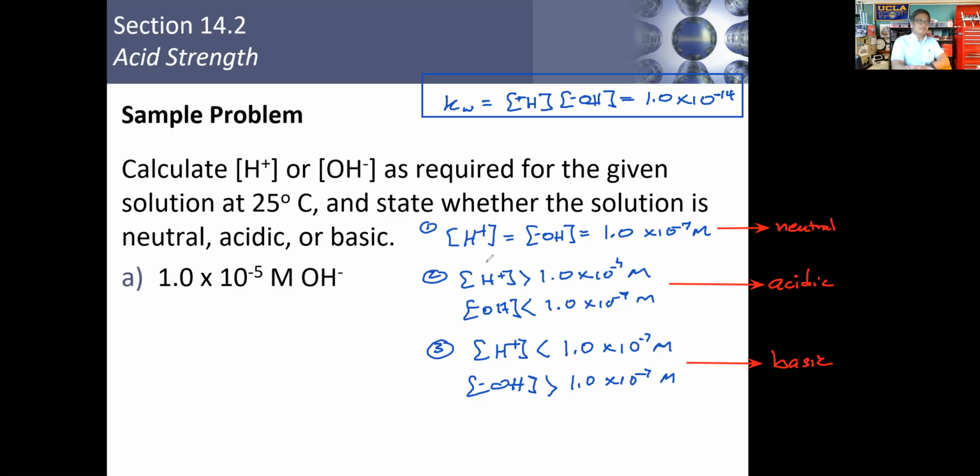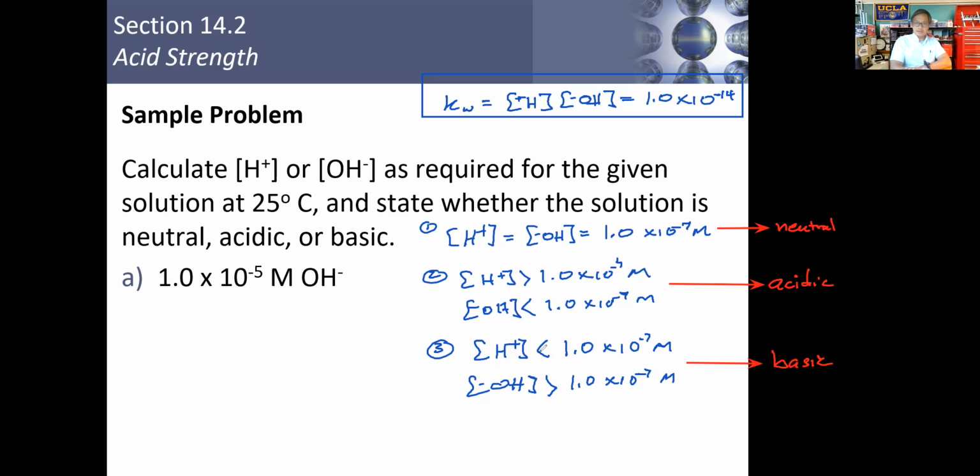So imagine this: if you have a solution in which the hydrogen ion concentration, which represents the acid, is greater than the hydroxide ion concentration, which represents the base, you have more acid. You want to think about it in that way. So you have more acid in solution than base, which makes the solution acidic.